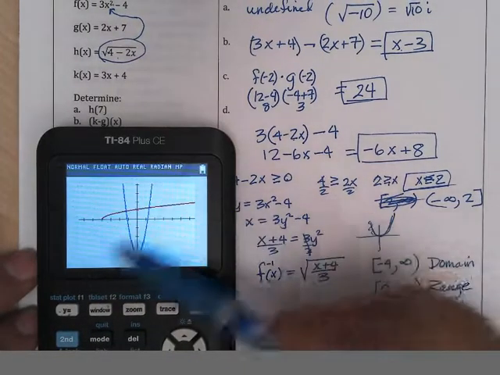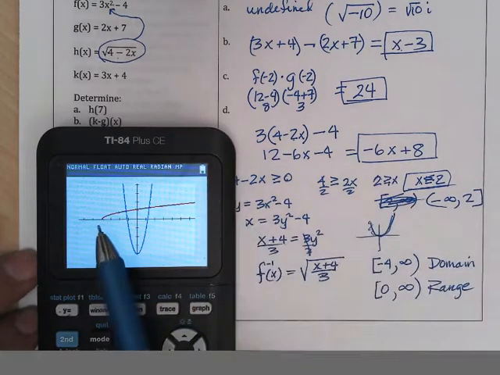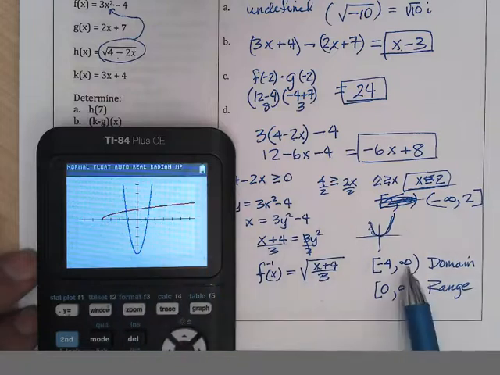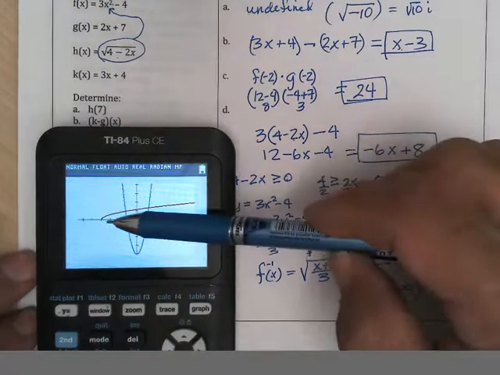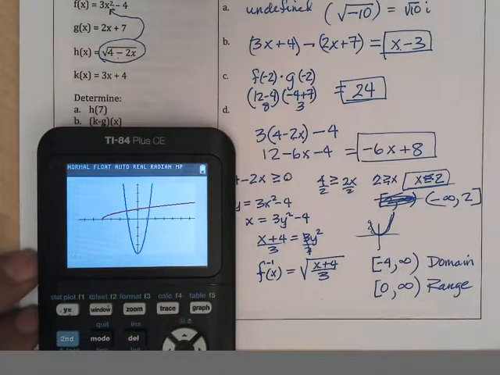This part flipped over the y equals x is this part. So the domain is from -4 to infinity, and the range is from 0 up for this red line. So we could type it in and get this.